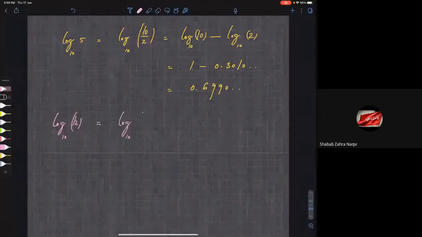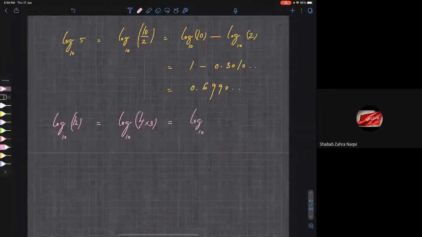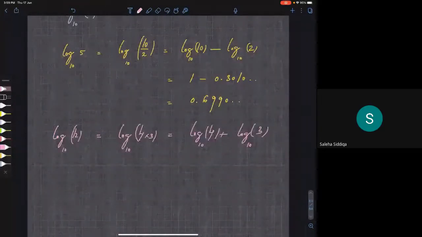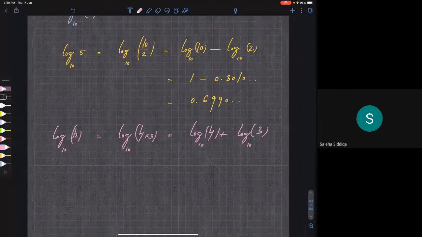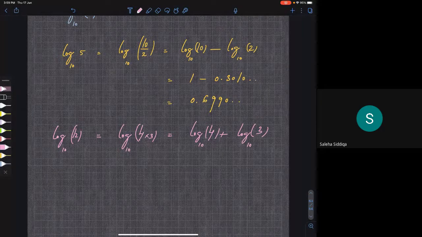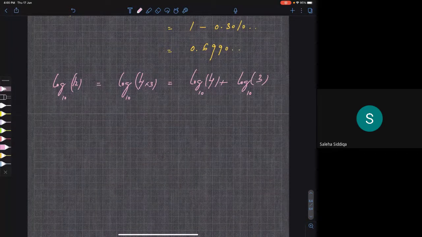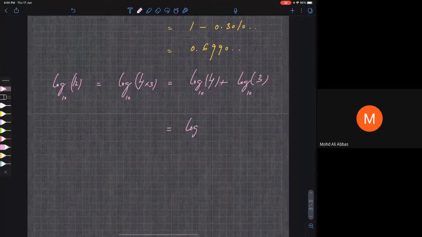For example, if you need the value of log 12 to the base 10, you can write it as log of 4 times 3, which is equal to log of 4 plus log of 3. You can also write 12 as 2 into 6, and you'll end up with the same value. But this is better, because you can write log 4 as log 2 squared.